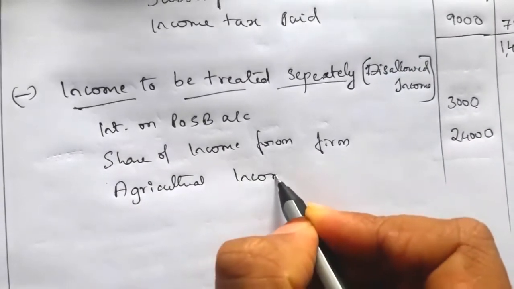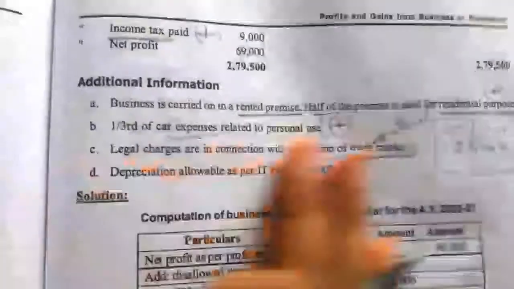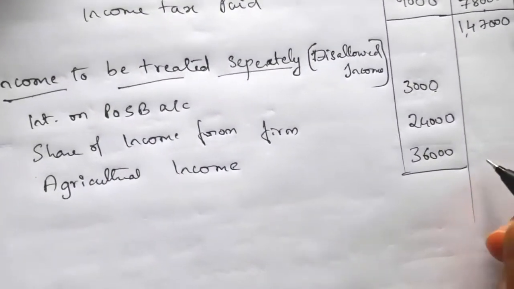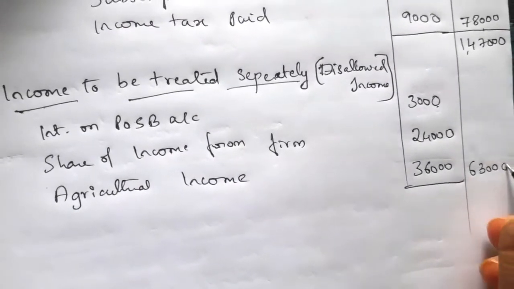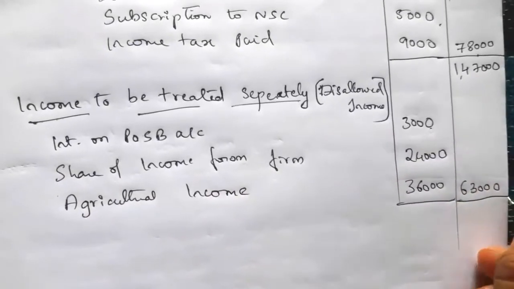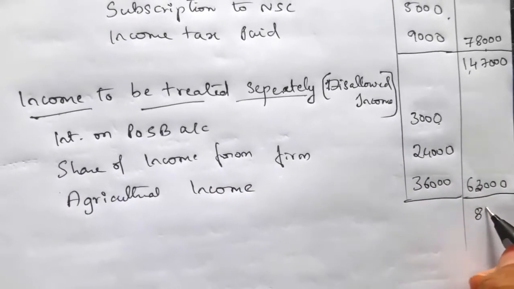Agricultural income amount is 36,000 and should be deducted. So there is no other adjustment relating to income. Now total it: 36,000 plus 24,000 plus 3,000 is equal to 63,000 as income to be treated separately. If you deduct this 63,000, the balance is equal to 84,000.